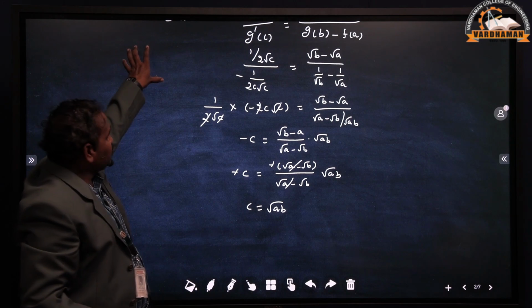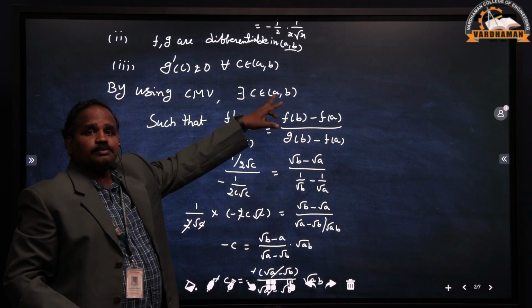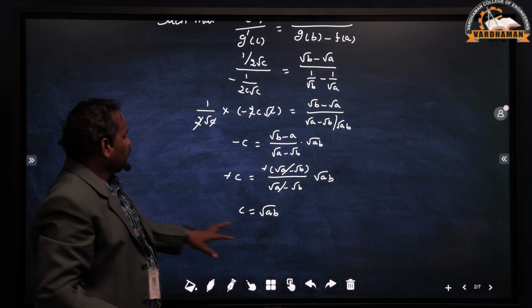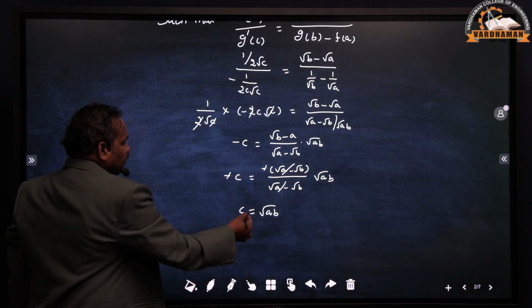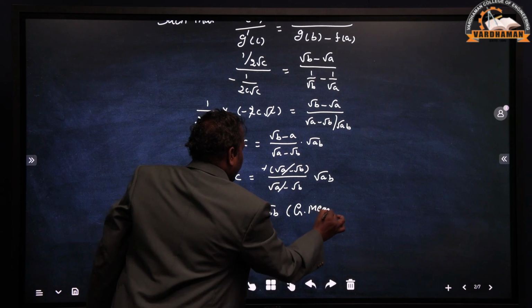What is the meaning of Cauchy's mean value theorem? Here we need to show that there exists c belonging to the open interval (a, b). Finally what we got, c is equal to root ab, which is nothing but the geometric mean of a, b.